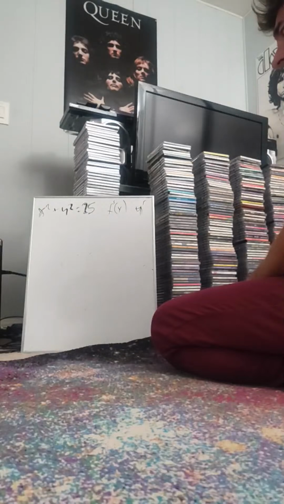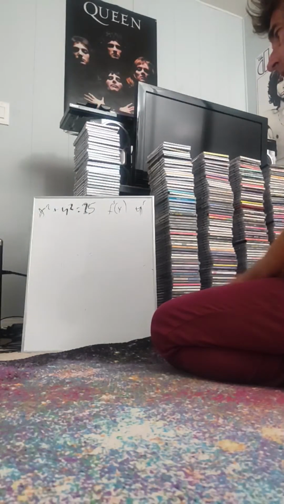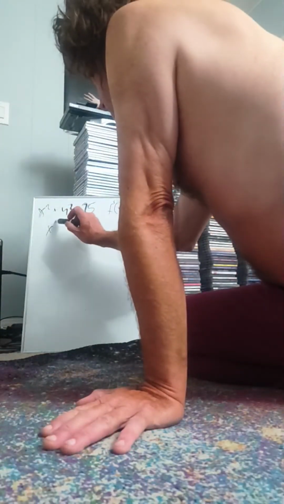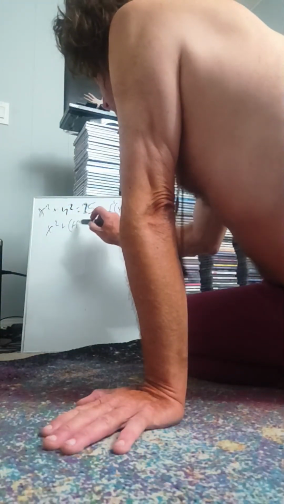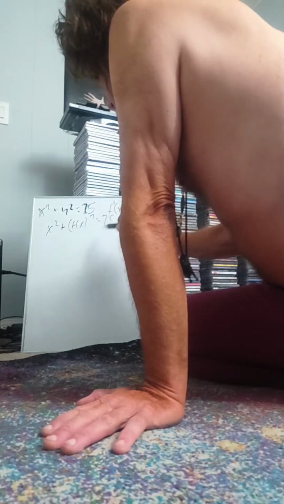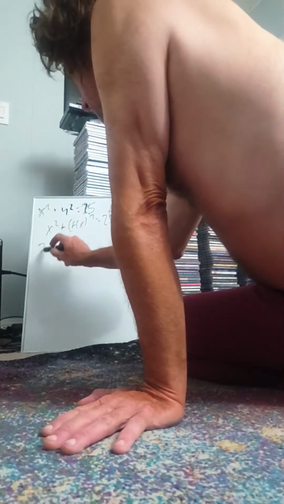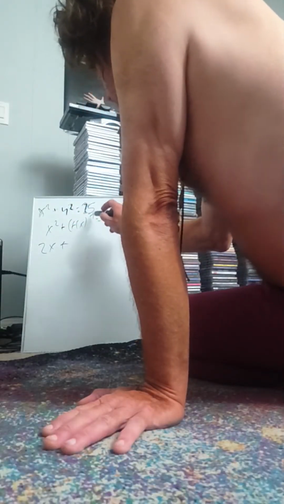What do we do with this? Let's rewrite it as x squared plus f of x squared equals 25. X squared, we can use the power rule. That's 2x, plus f of x squared.